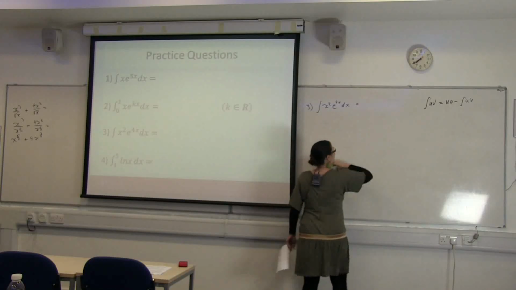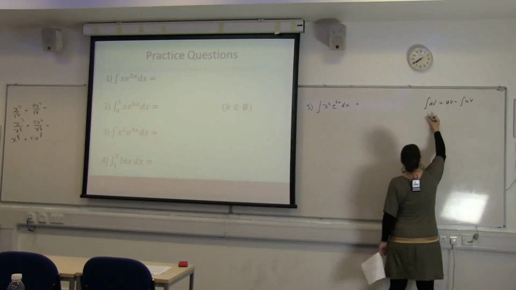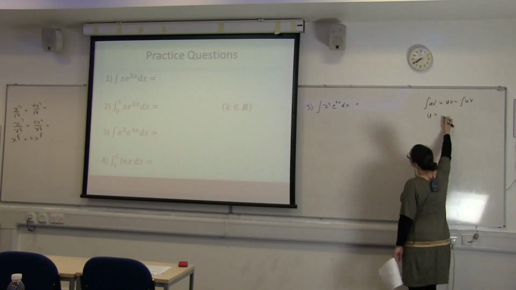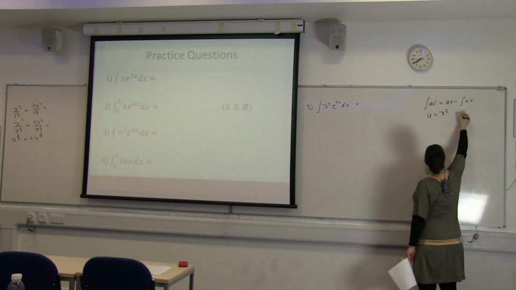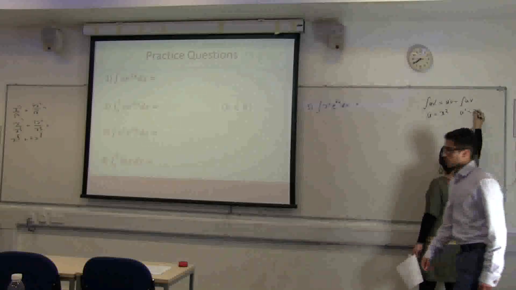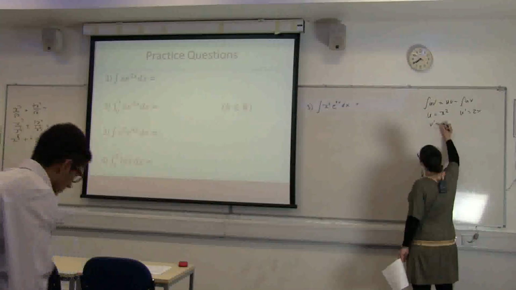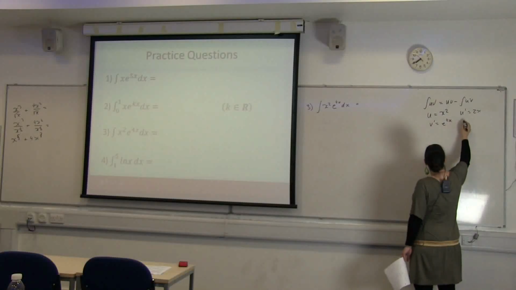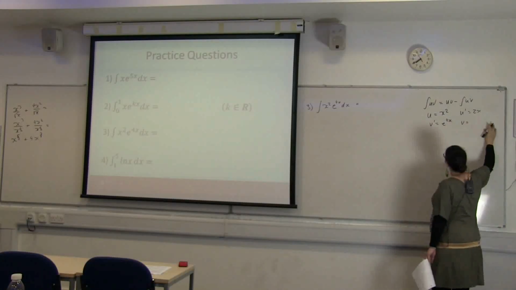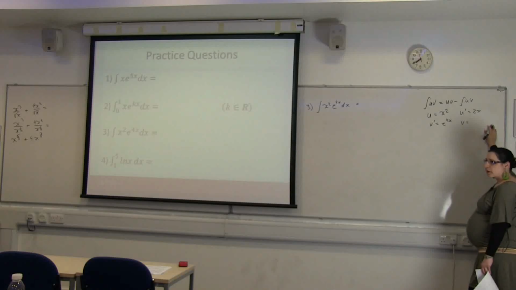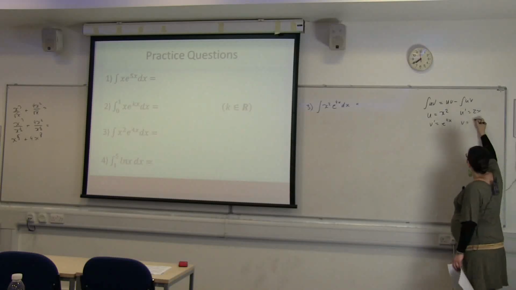Okay. So, what am I going to choose u to be? X squared. So u prime will be 2x. And then v prime is e to the 4x. So what is v? E to the 4x over 4.